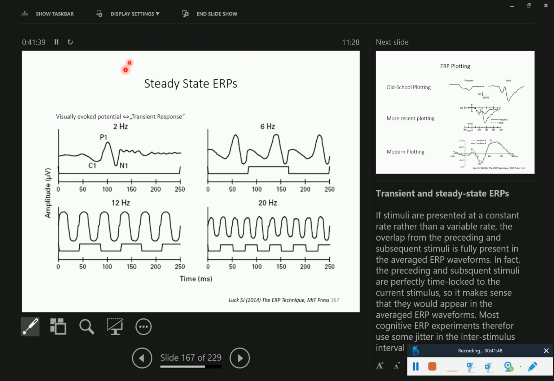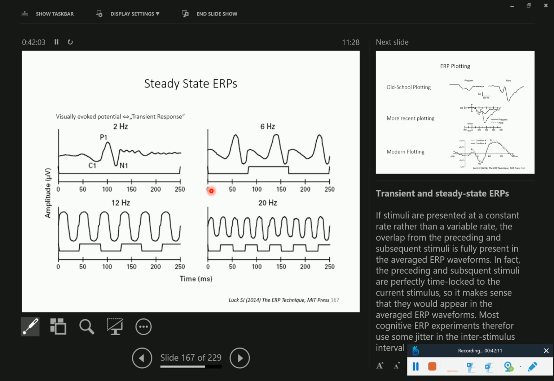So the standard thing that we've discussed so far is that on a single trial you have this kind of transient response, and then if you average things, then you get these C1, P1, and N1 components, for example, in the visual domain. Now this always assumed that there was a single stimulus onset, and then at least for like 250 milliseconds or so, nothing else happened.